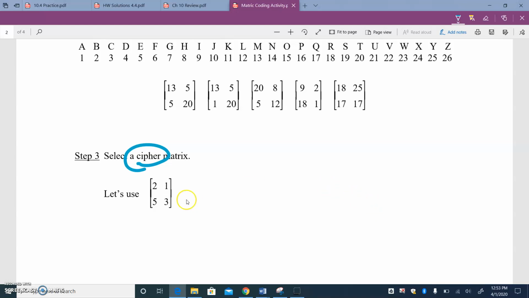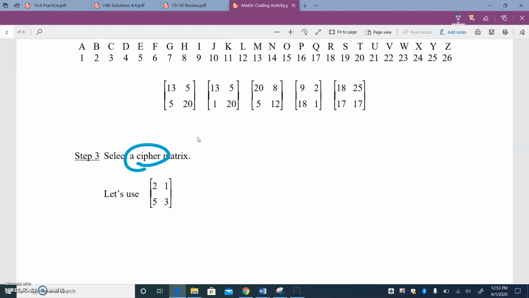And a cipher is just a simple 2 by 2 matrix. All we need to do is take our cipher and multiply it to each one of these matrices. And you already know from doing this for the homework earlier in the week, multiplying a matrix by another matrix results in something that would be very hard to predict.